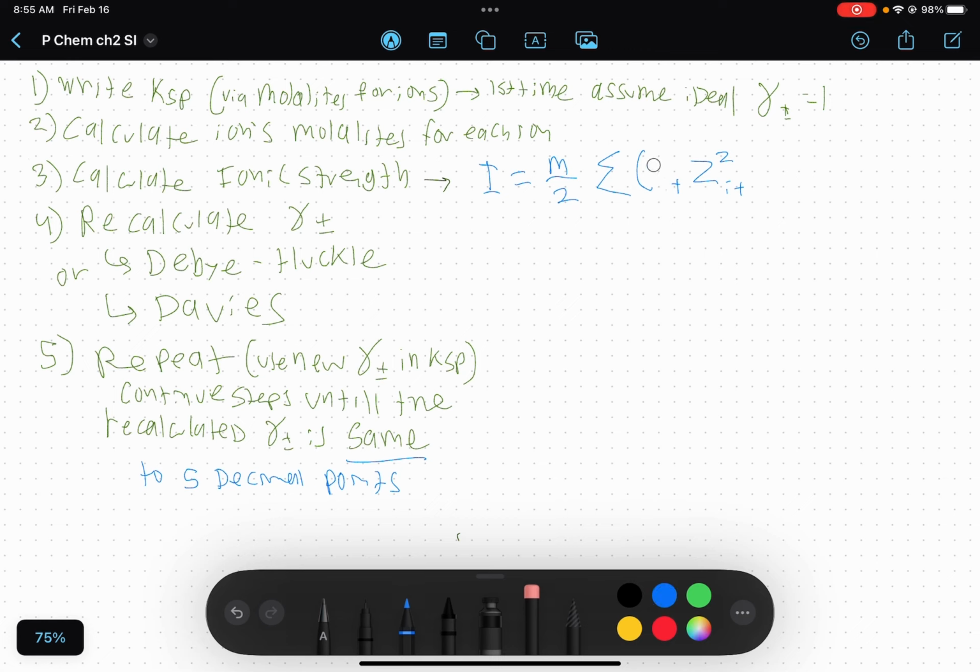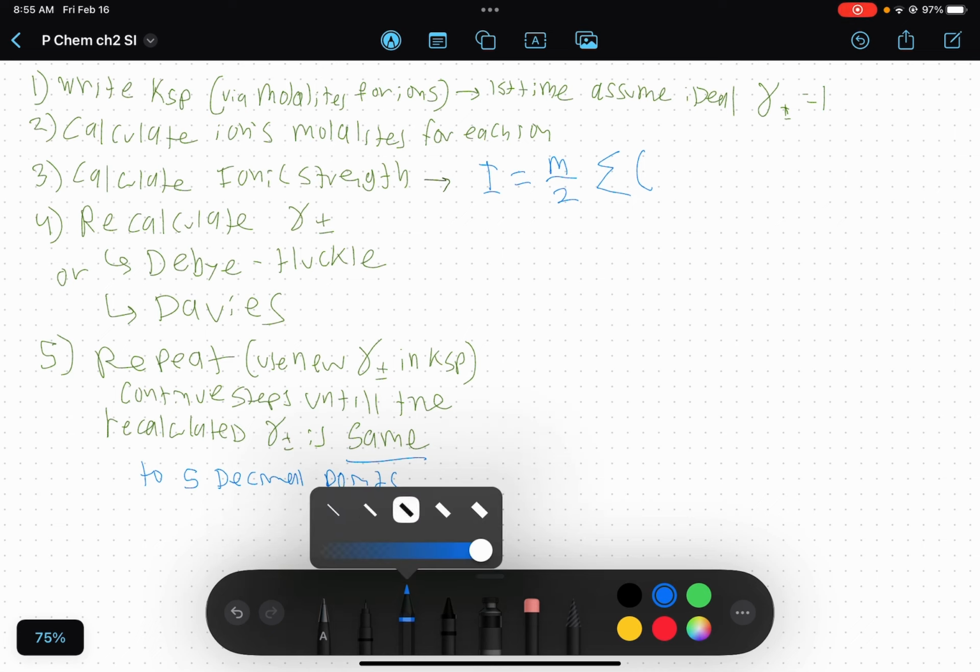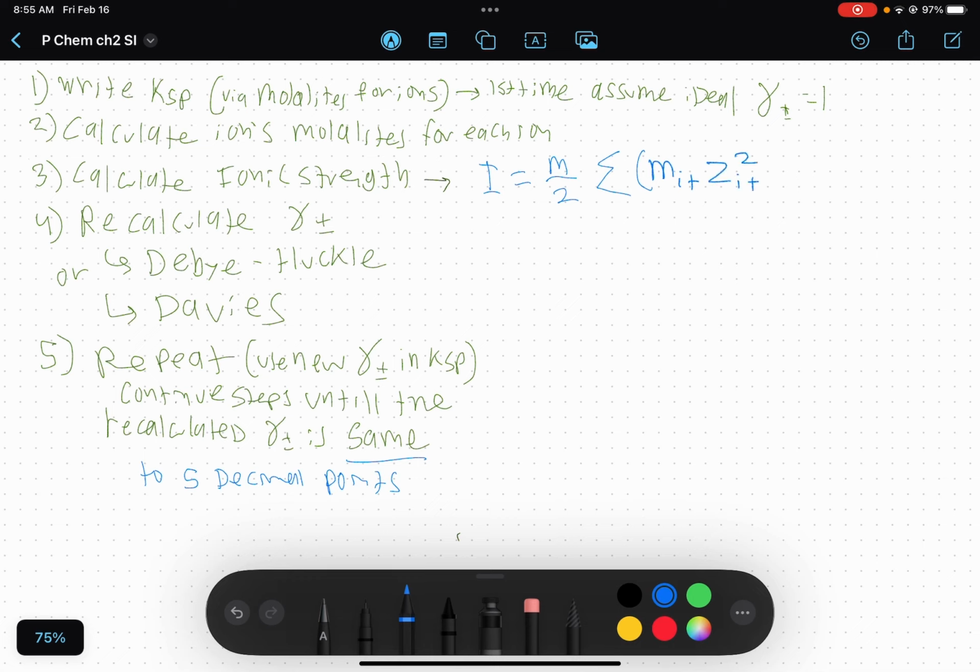We'll probably use that in different areas, but the version that we're probably going to use is this one, actually: M of positive times z squared, and then molality of negative and the charge negative.